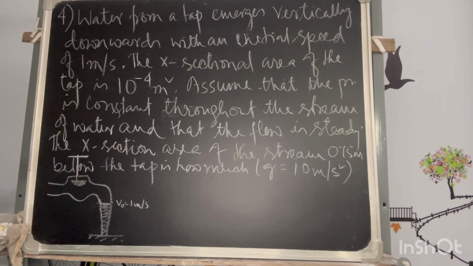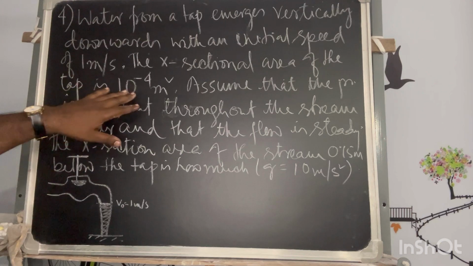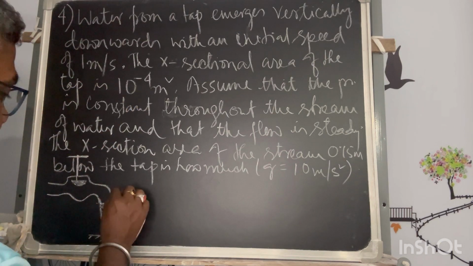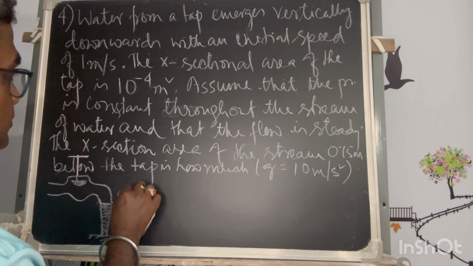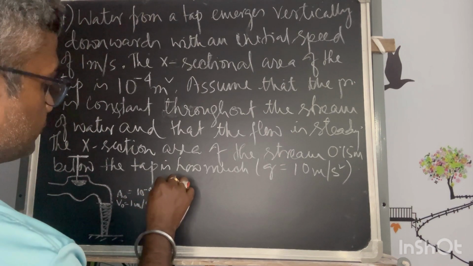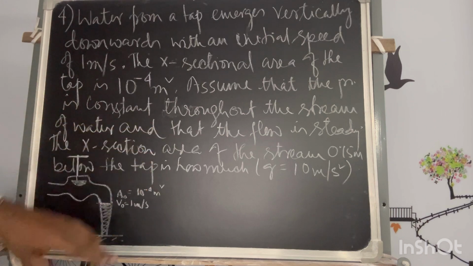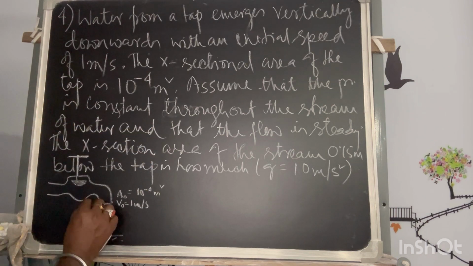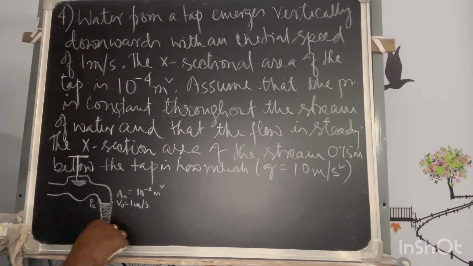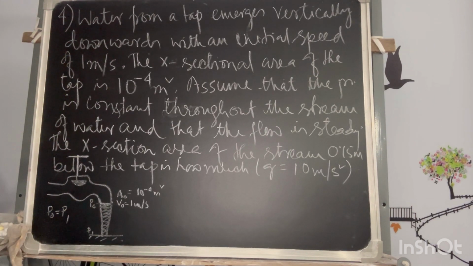Let me write all the details. The cross-section area of the tap, that means A0, is equal to 10 to the power minus 4 meter square. Assume that the pressure is constant throughout the stream. So it has already said that P0 and P1 are the same throughout. There is no ambiguity.